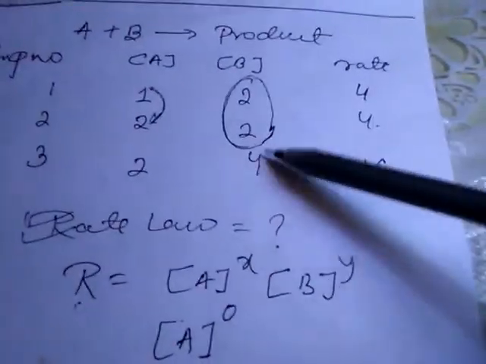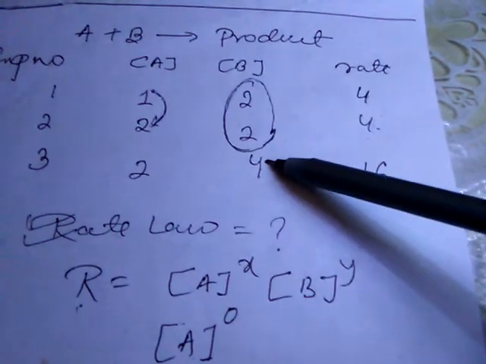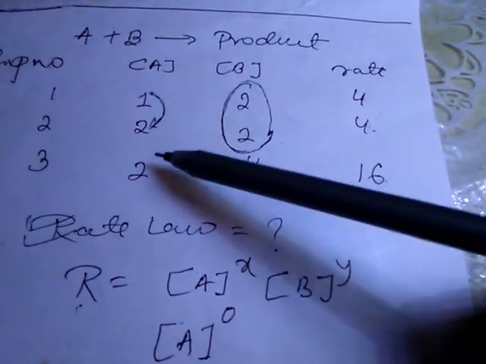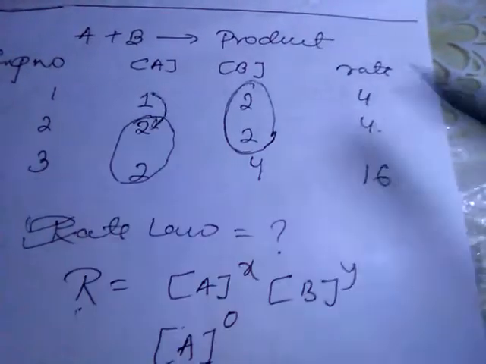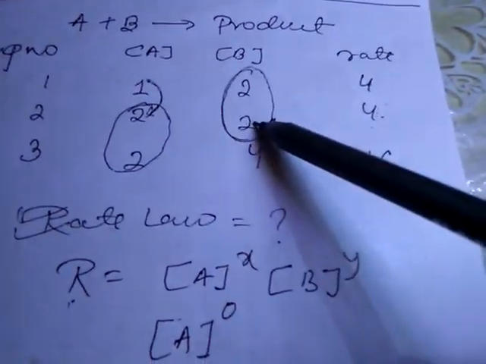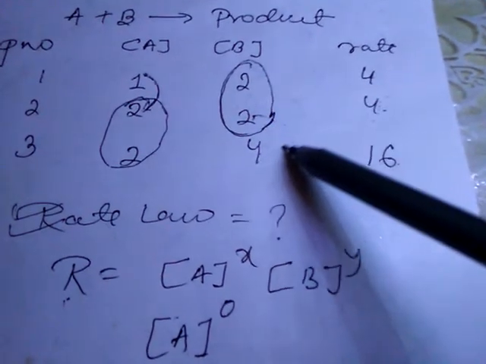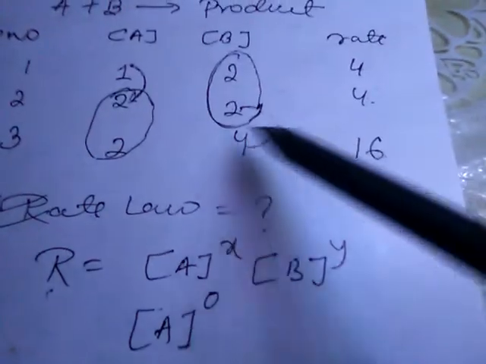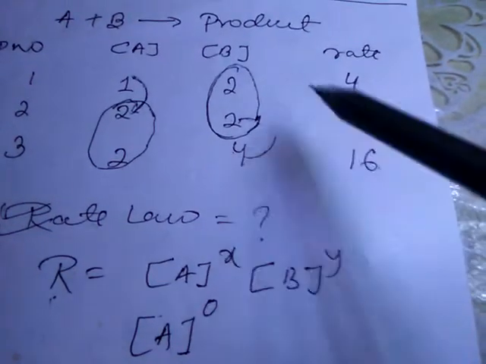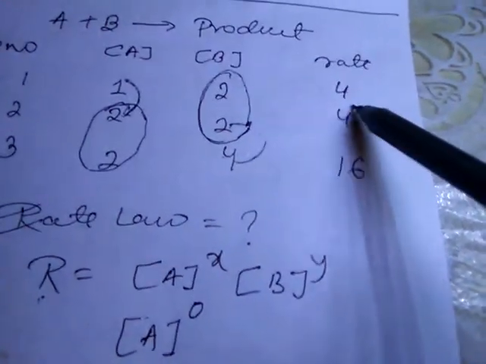Now we will consider the next reactant, B. For that we have to keep A constant. Here the concentration of A is constant. What we are observing is that the concentration of B is becoming double, for which we have to see how the rate is being affected.